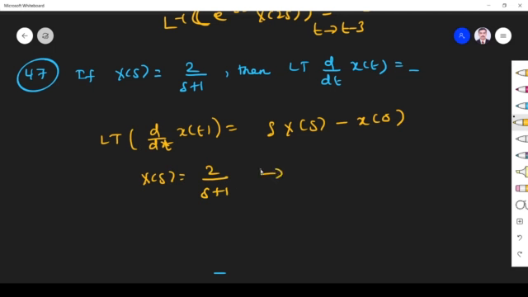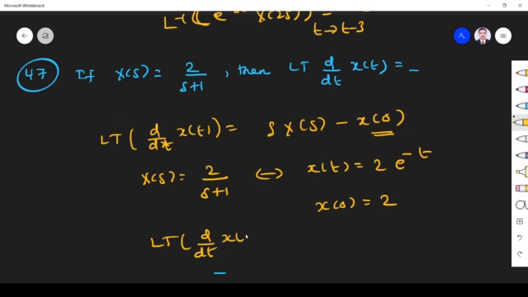So first we have X of s equal to 2 by s plus 1. This implies x of t is equal to 2 e power minus t. Yes, then only it will become 2 by s plus 1. What I need is x of 0. x of 0 is 2 e power 0, which is 2. Now the Laplace transform of d by dt x of t is given by s into X of s, which is 2s by s plus 1, minus 2.